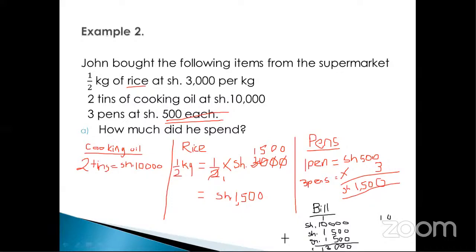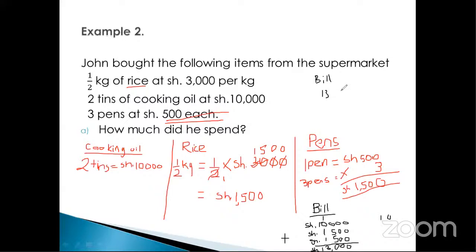So how much is the total expenditure? 13,000 shillings. So that is how you get your total bill, your total expenditure. Now we have got 13,000 shilling as our bill. Let me write it here. Our bill is 13,000 shilling.